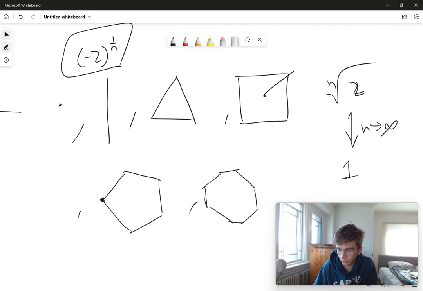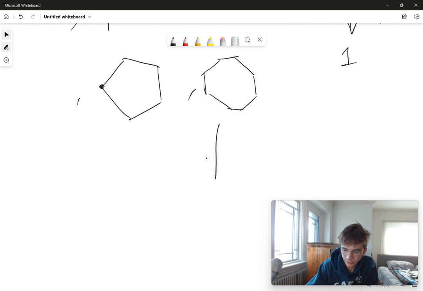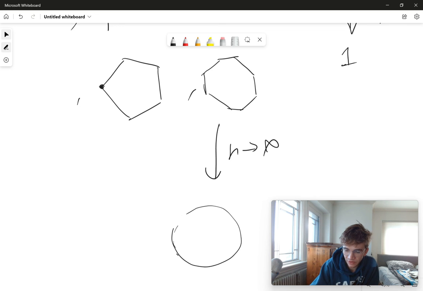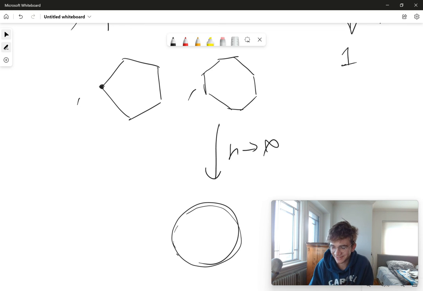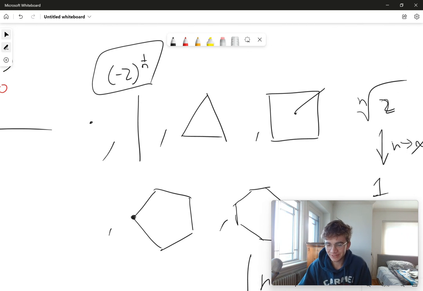And so the radius of these polygons is going to be approaching 1. And so eventually, as n approaches infinity, this sequence is approaching a polygon that's dense on the unit circle in the complex plane. So super, super cool sequence. It's incredible what complex numbers can do.